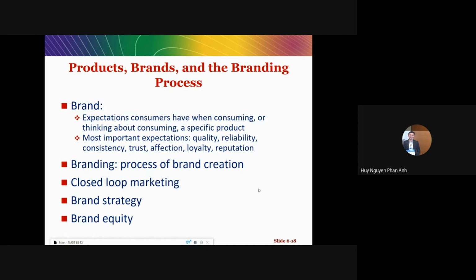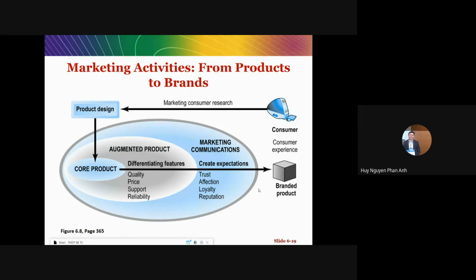So the way to create the brand, we have the process of brand creation. So we call that the branding. And we should have the brand strategy and equity as well. From the products to create the brand, for example, firstly, you create the product, and branding is complicated and spends a lot of effort for the company.